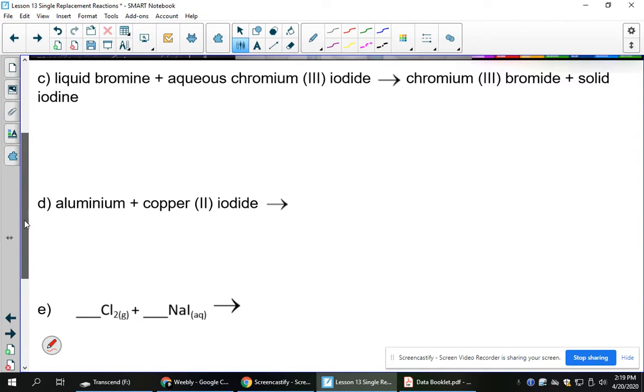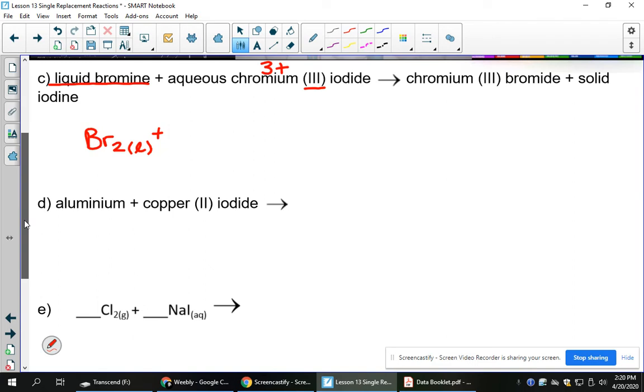Liquid bromine plus aqueous chromium-3 iodide makes chromium-3 bromide and solid iodine. So we're starting with liquid bromine. We just did that one. Br2 liquid plus aqueous chromium-3 iodide. As soon as I see Roman numerals, I know that the charge would be 3 plus for this.